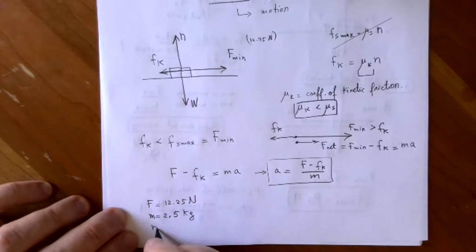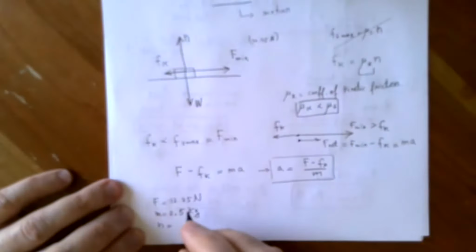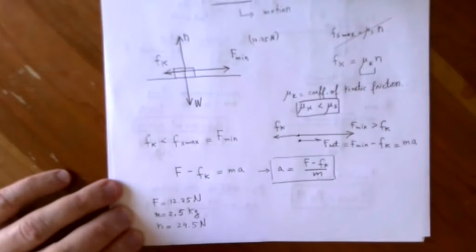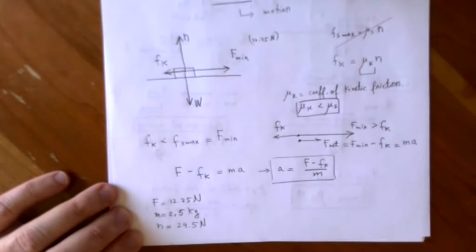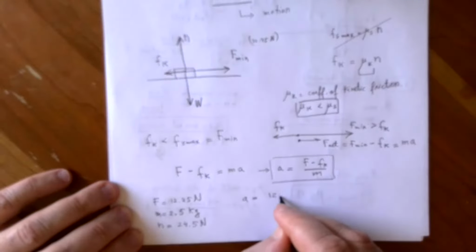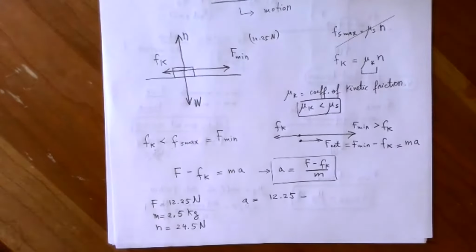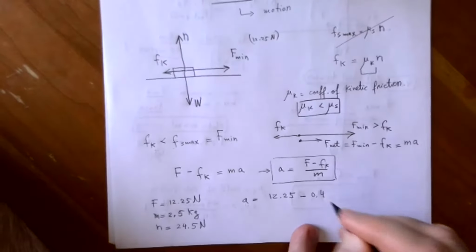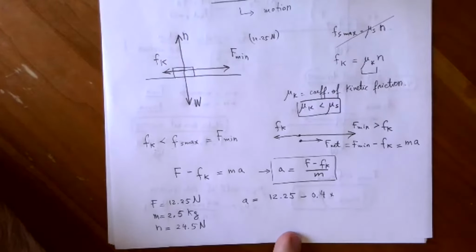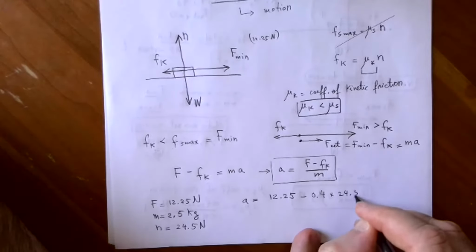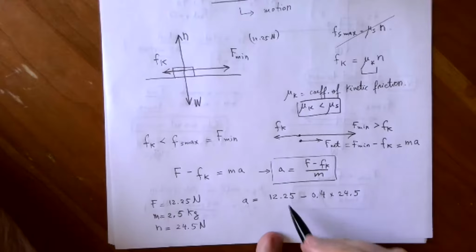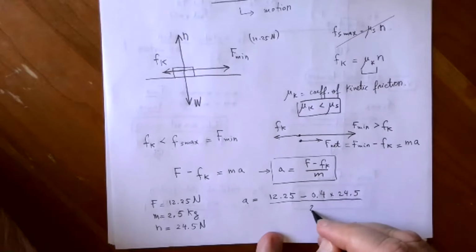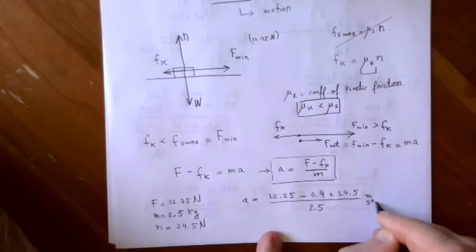The normal force was 24.5 newtons. So the acceleration will be 12.25 minus the coefficient of kinetic friction, which was 0.4. I'll show you when we go back to the applet, you'll see. Minus 0.4 multiplied by 24.5 and divided by 2.5. This would be meters per second squared.